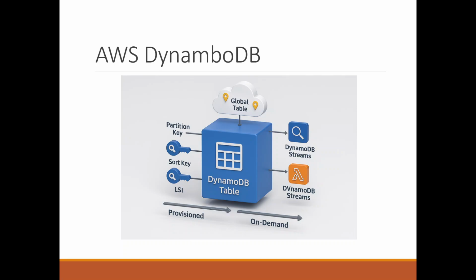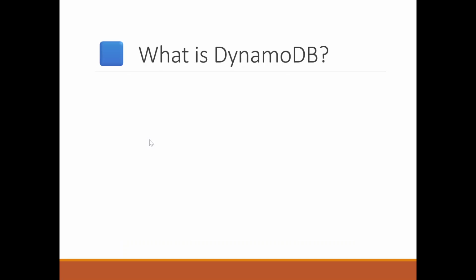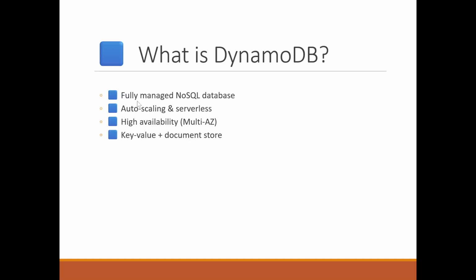First, we'll understand what is DynamoDB. It's a fully managed NoSQL database by AWS. Remember this point: fully managed NoSQL database. And it's serverless, meaning no servers to manage. Second, it auto scales to millions of requests per second.